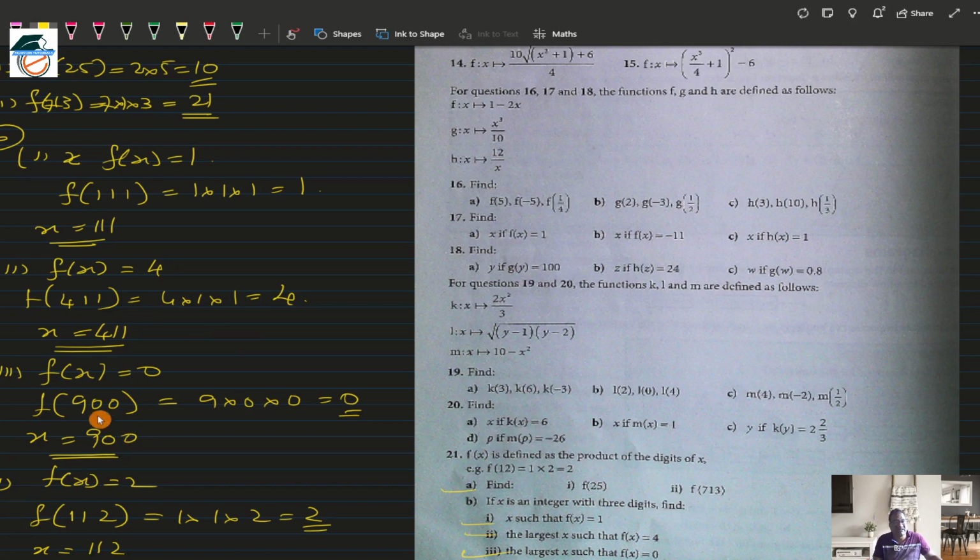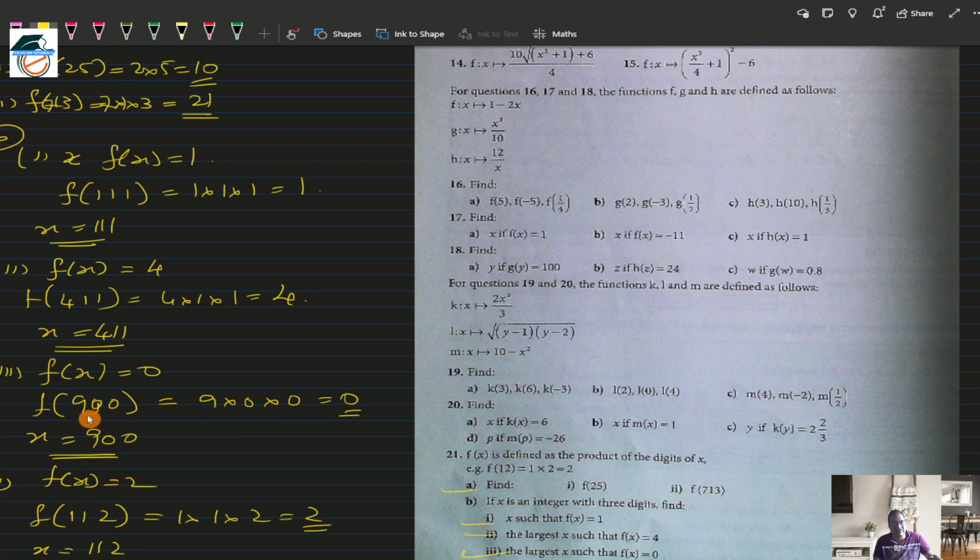The largest number should be here. It should be the largest x such that f of x, the largest x. So to make the largest x, you can take this as 9 as well.